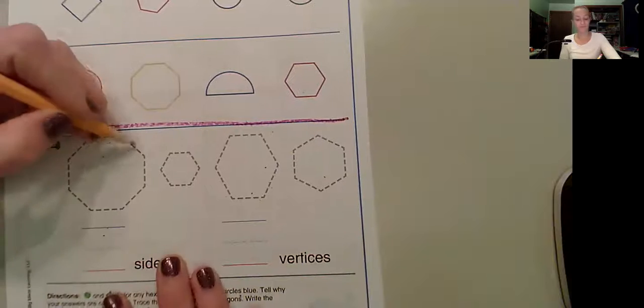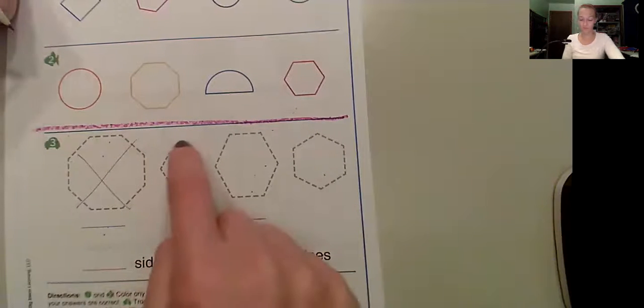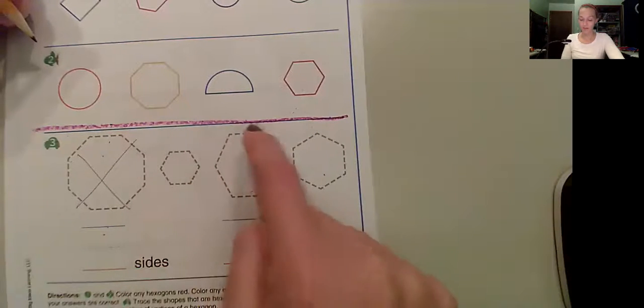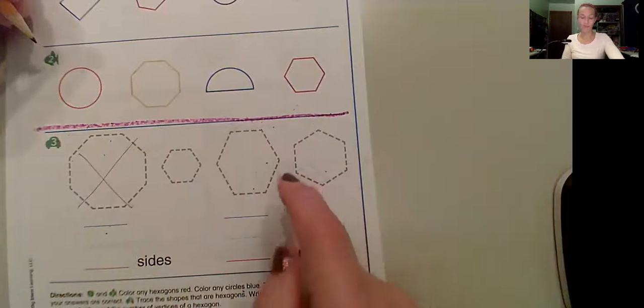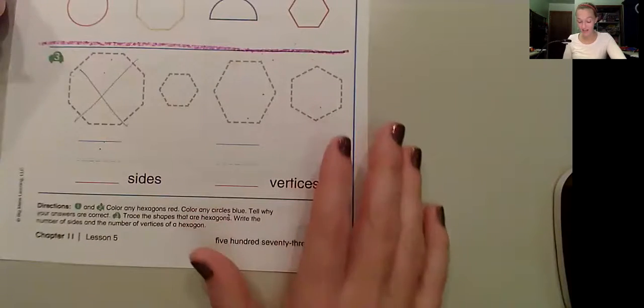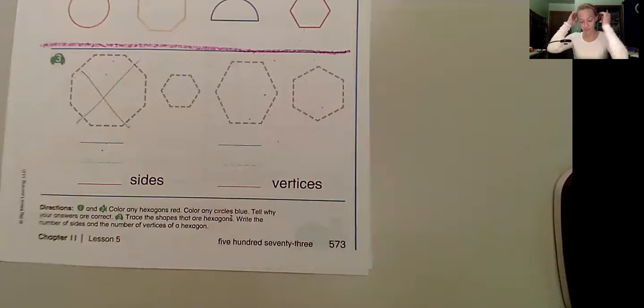Tricky. Not a hexagon. 6, 1, 2, 3, 4, 5, 6. 1, 2, 3, 4, 5, 6. And then we're going to write how many sides and how many vertices a hexagon has.